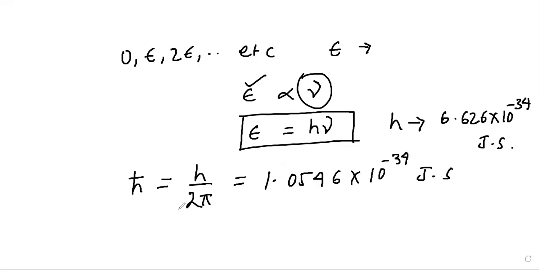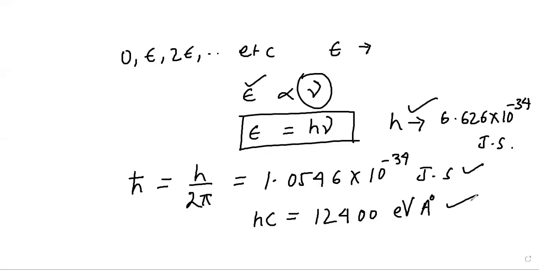Another important constant that is always used is h multiplied by c, where c is the speed of light. As h and c are both constants, it gives you 12400 in units of electron volt angstrom. These are widely used constants in quantum mechanics, on the quantum scale.